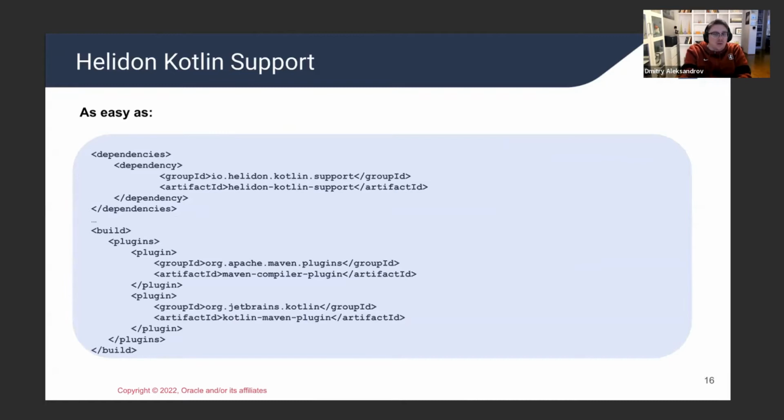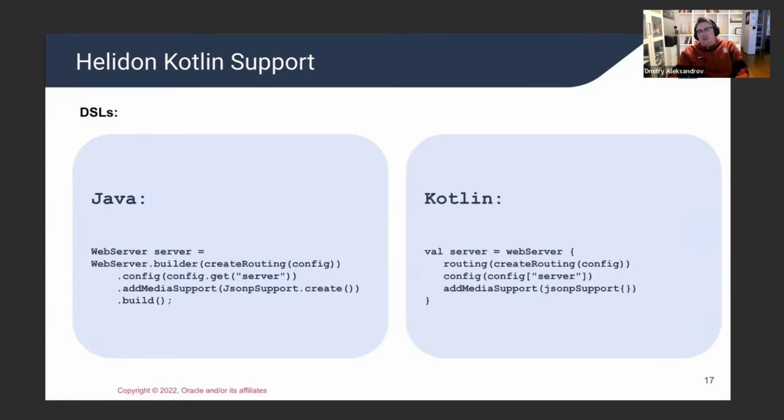The support of Kotlin came to our mind about a year and a half ago. We say that Kotlin is a very good, pragmatic, awesome language, and we started exploring how we can get into this world. I was in charge of this, and we're quite happy that it was actually possible.